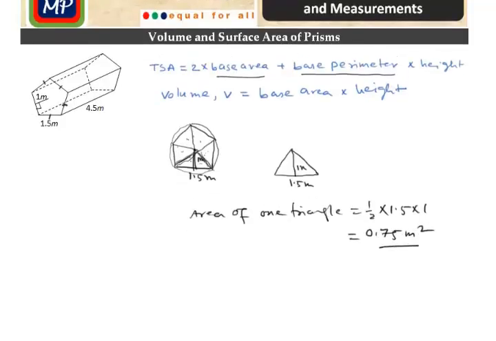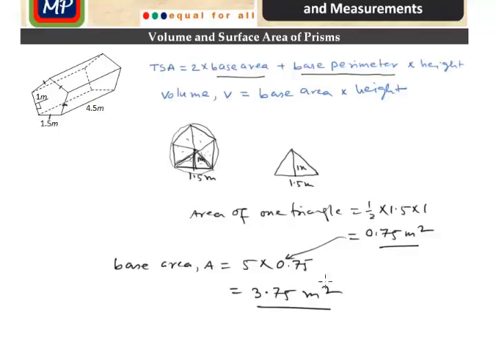The base area will be 5 times this one triangle's area, because it's a regular pentagon, so there will be 5 such triangles. 5 times 0.75 gives 3.75 meter square. So this is the base area.